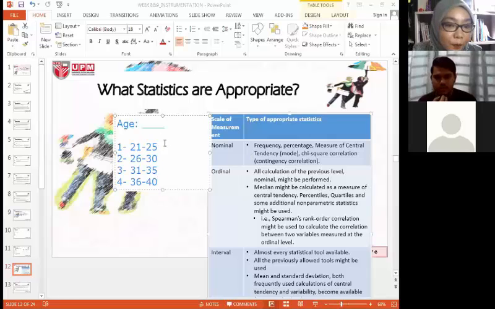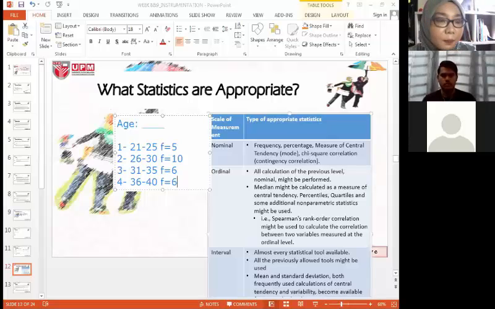For example, for your respondents whose age is between 21 and 25, the frequency is, for example, 5. Then this one, the frequency is 10. This one, the frequency is 6. This one, the frequency is 6. Will you get the mean? No. Because you do not know, of this 5 frequency, how many of them are age 21?